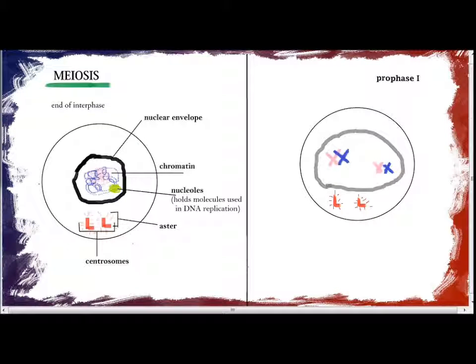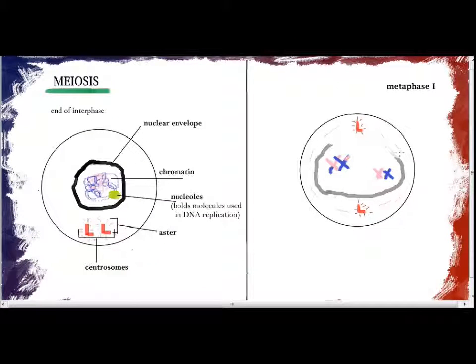And once they have found each other, crossing over is where they swap DNA. So as you can see, the blue part gets a little bit of the pink, and the pink part gets a little bit of the blue. And that increases genetic diversity. The location where crossing over happens is called the chiasmata.